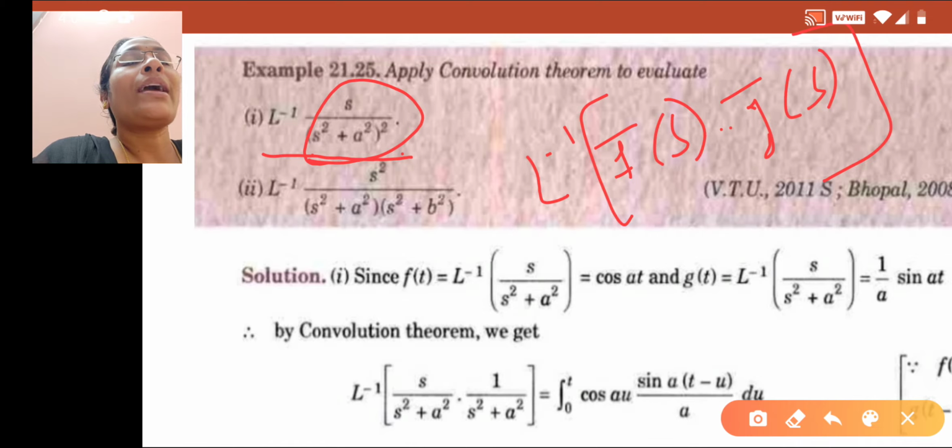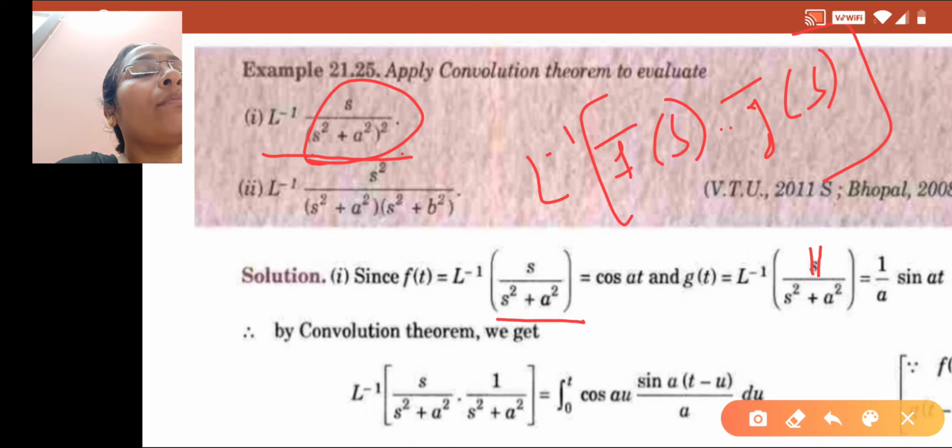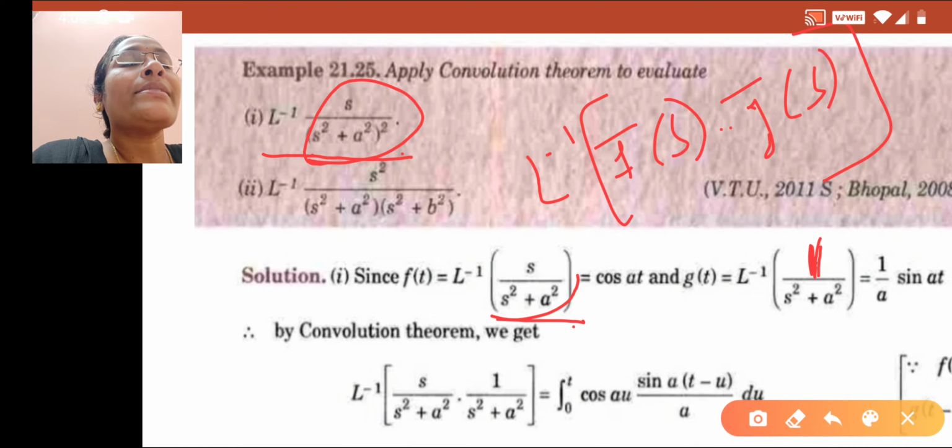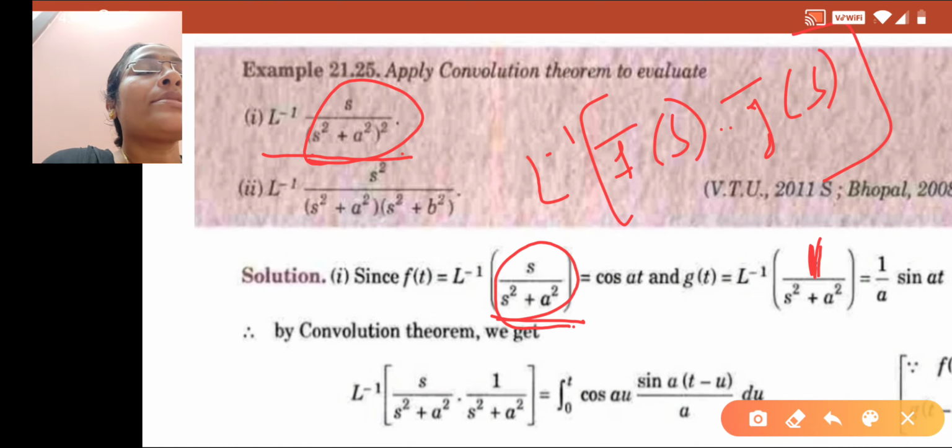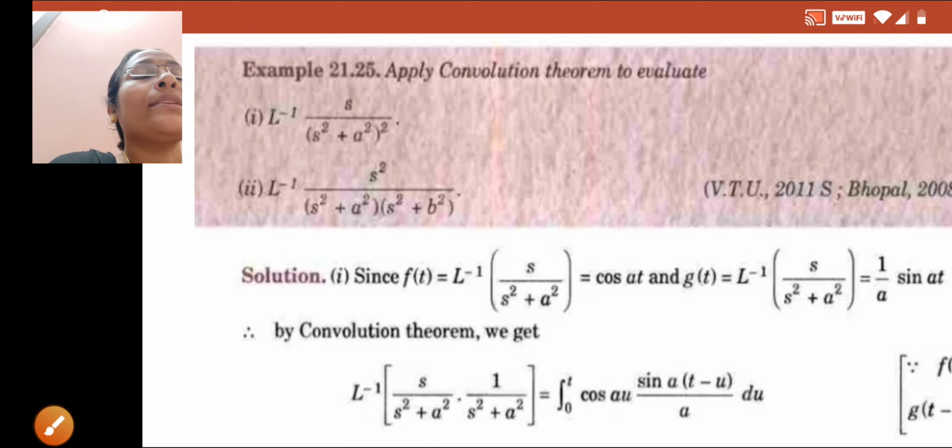We consider one as s by s square plus a square and another one as 1 by s square plus a square. L inverse of s by s square plus a square is cos at, and 1 by s square plus a square is the Laplace transform of 1 by a sin at. So you will get f of t as cos at and g of t as 1 by a sin at.